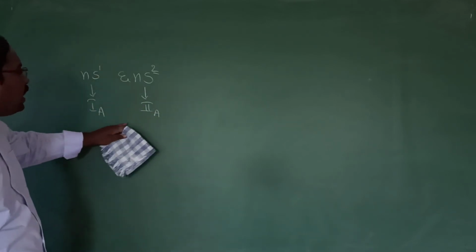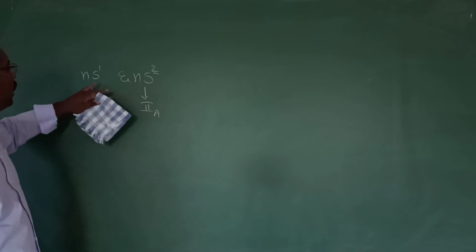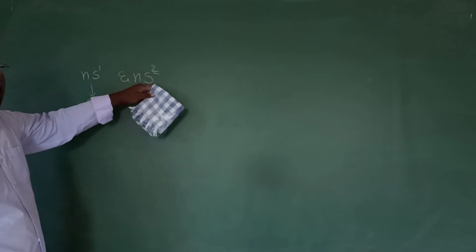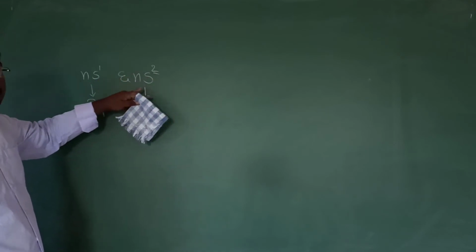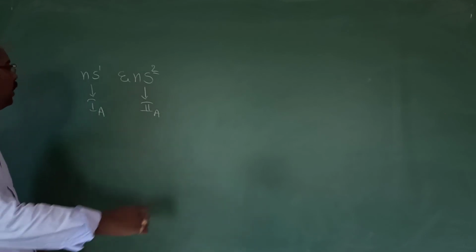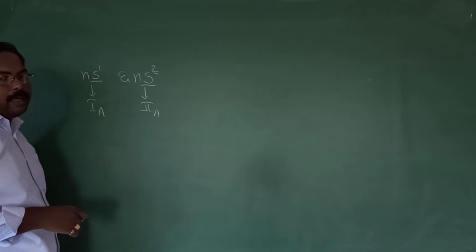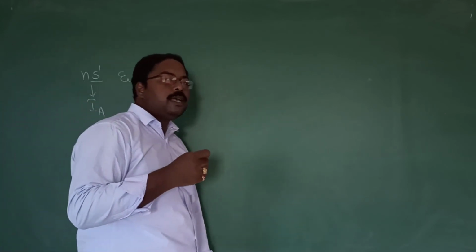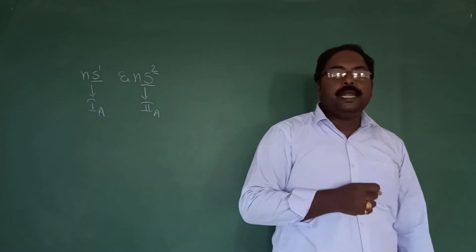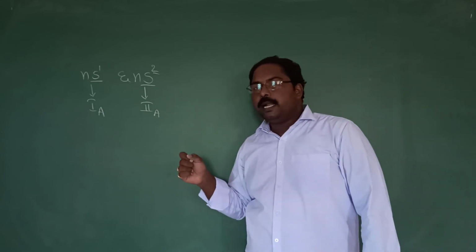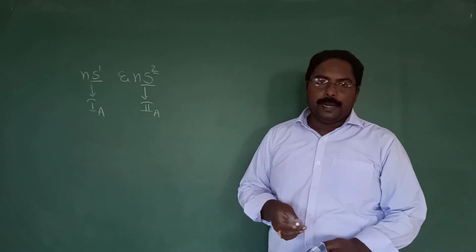So first A and second A group elements will come under S block elements, because in those two groups the last electron is entering into the S orbital. So all the elements of the first A group and the second A group come under S block elements.